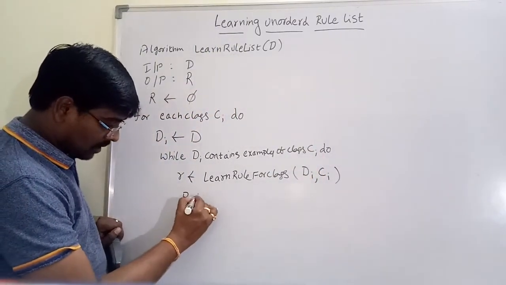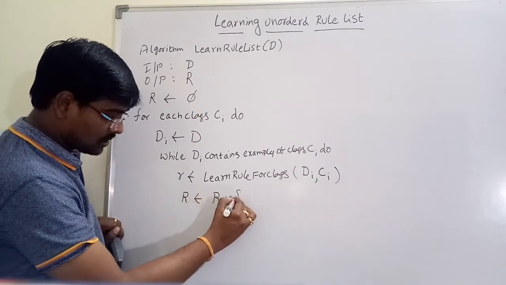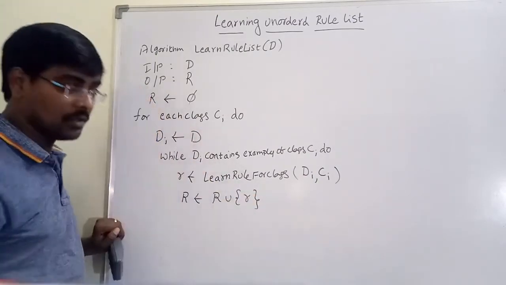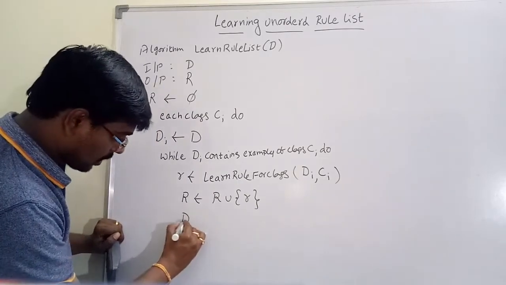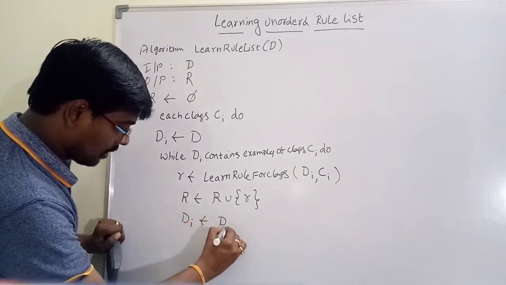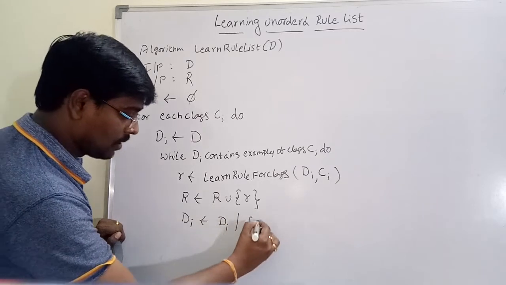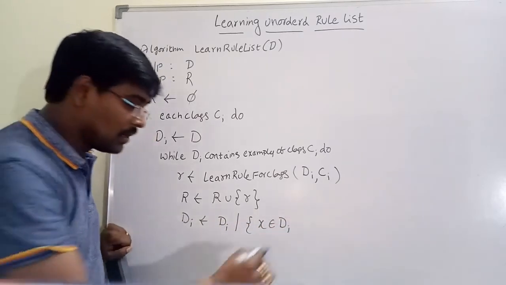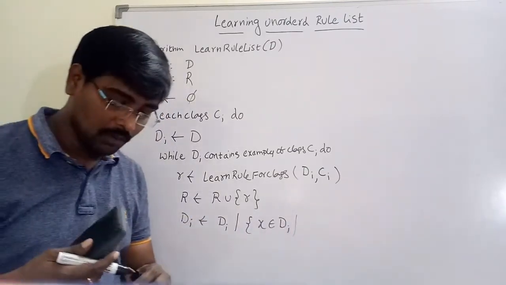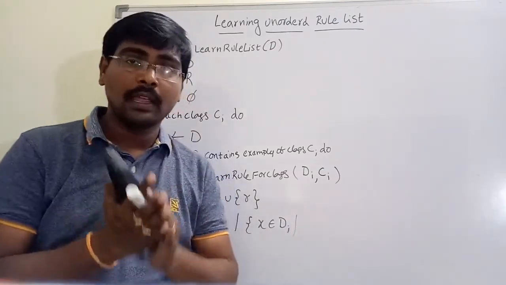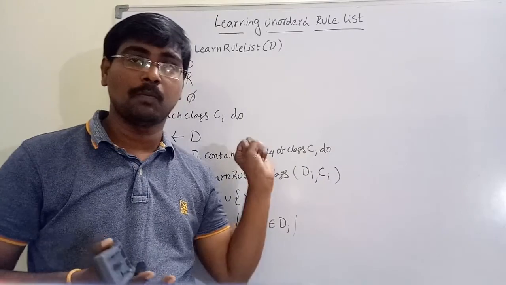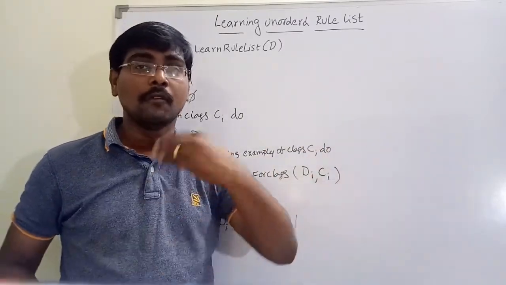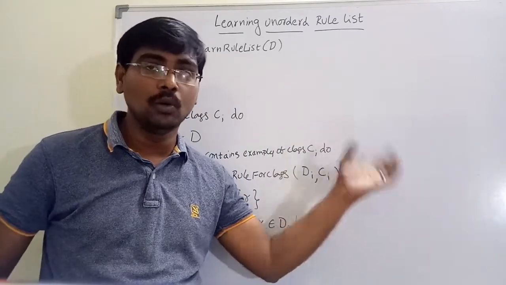Whenever we get a rule, the rule is appended to R. Finally, our set of instances becomes Di such that x belongs to Di. What is the meaning of this? Whenever an example is covered by that rule, we have to remove that example. That means for the next iteration, no need to consider it.